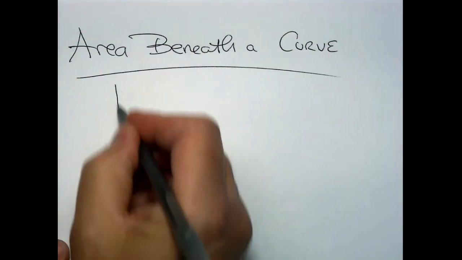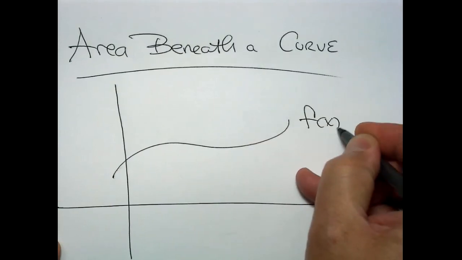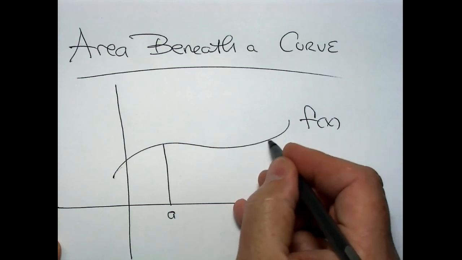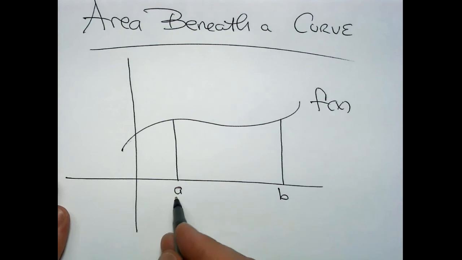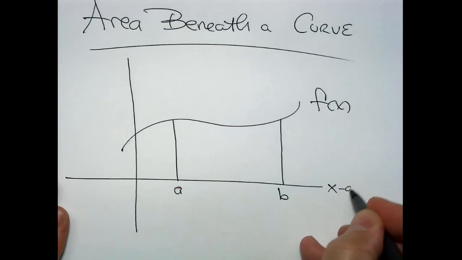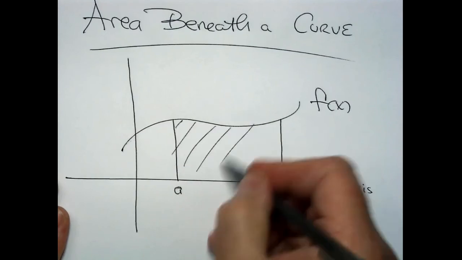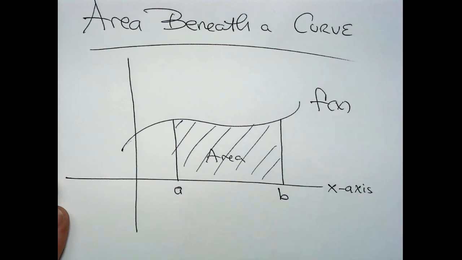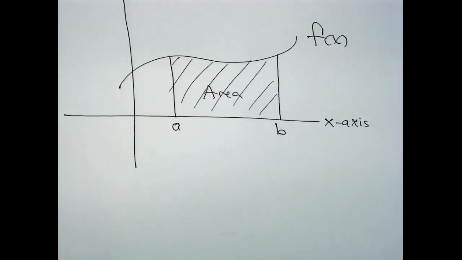Now, if I were to give you a curve like this, f of x, and I said to you, could you give me the exact and precise area entrapped by the curve, x equals a, x equals b, and the x-axis itself? You could shade it in. There's very clearly some kind of area in here, but measuring it and calculating it is awfully difficult.